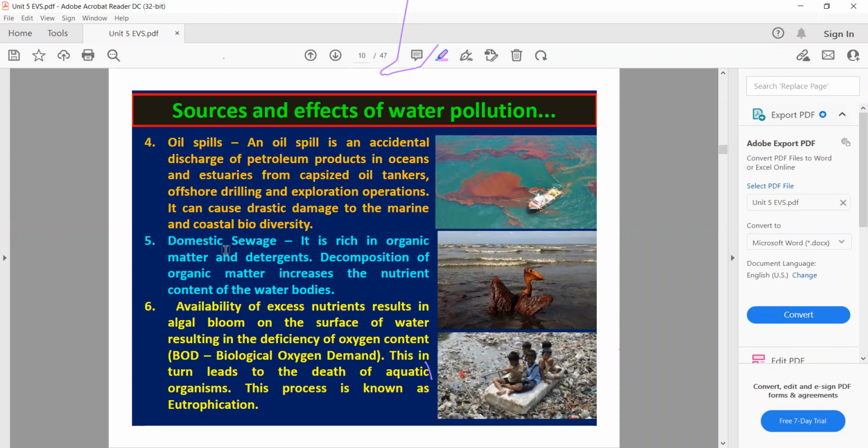Okay, BOD is biological oxygen demand. That has to be met every time, otherwise sustenance of life is impossible. This in turn leads to the death of aquatic organisms. This process is known as eutrophication. Dissolved oxygen level decreases, which is known as eutrophication.